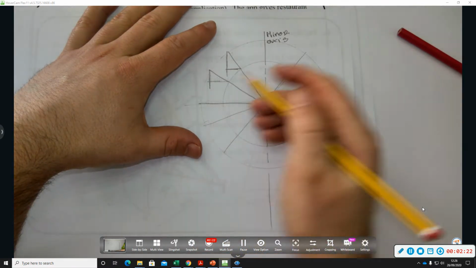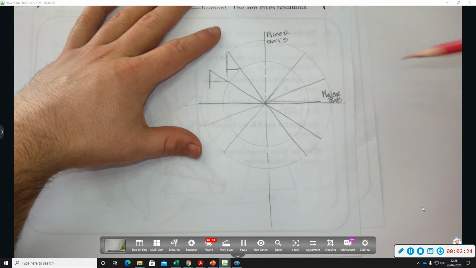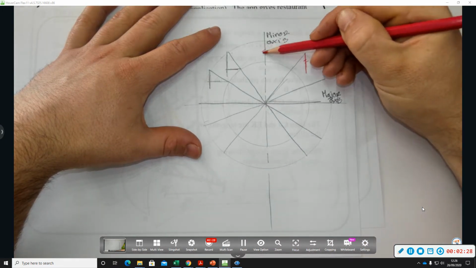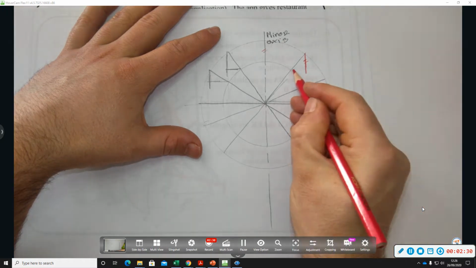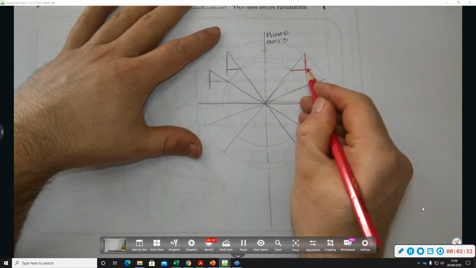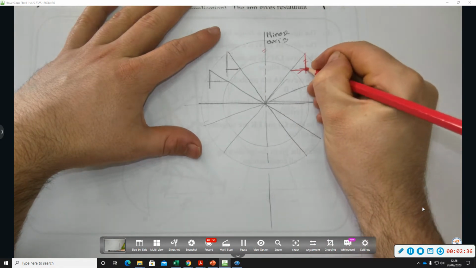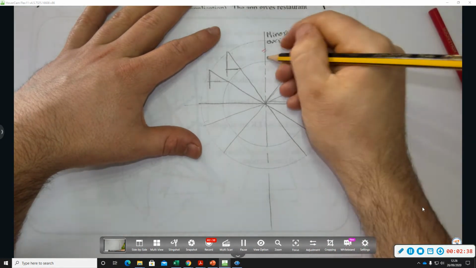So where the division lines hit the major circle, we go parallel to the minor axis towards the middle, and where the division lines hit the minor circle, we go parallel to the major axis away from the middle.